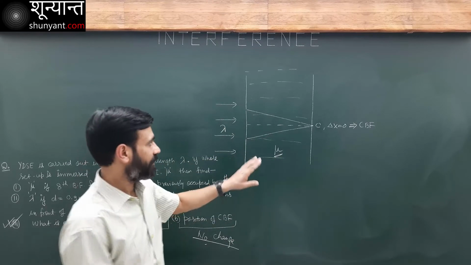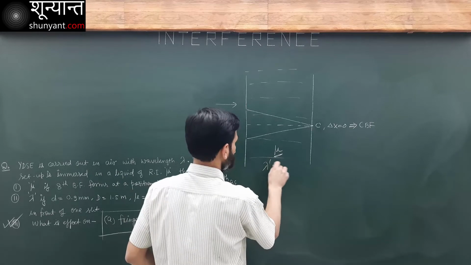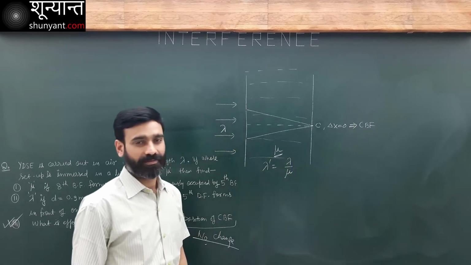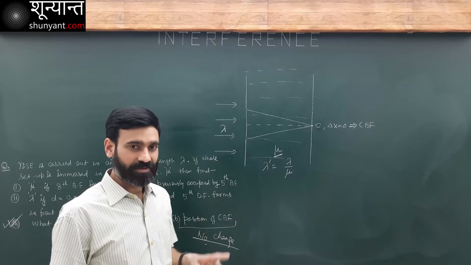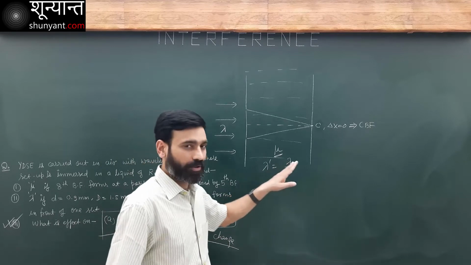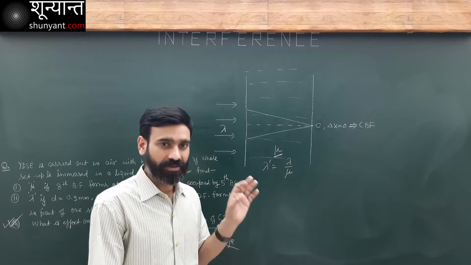Wavelength here, lambda dash, is equal to lambda over mu. It decreases. Frequency remains constant. Speed changes, so wavelength also changes.